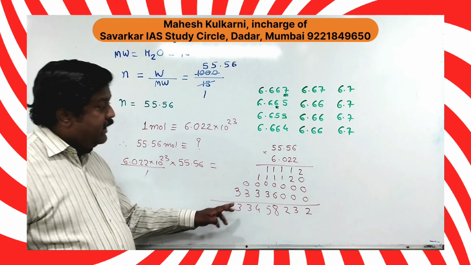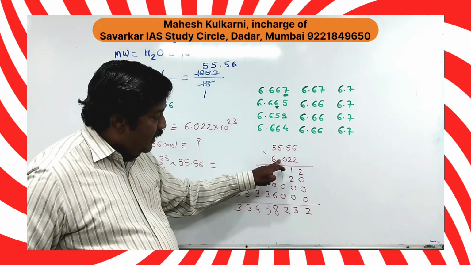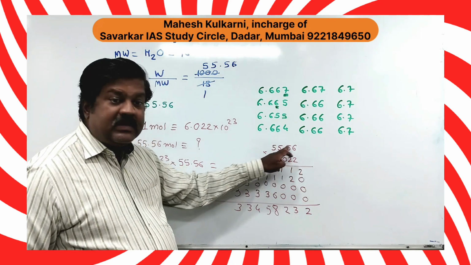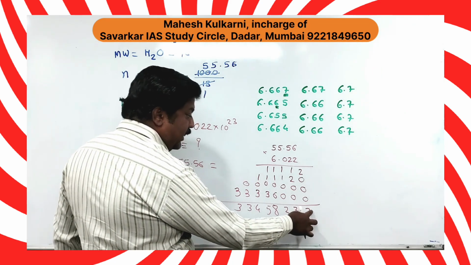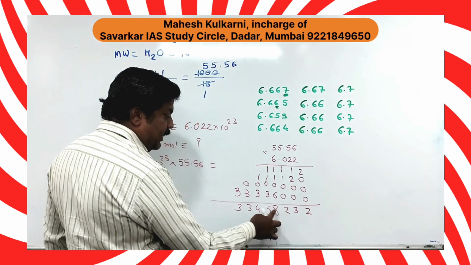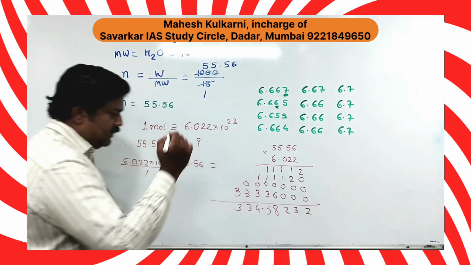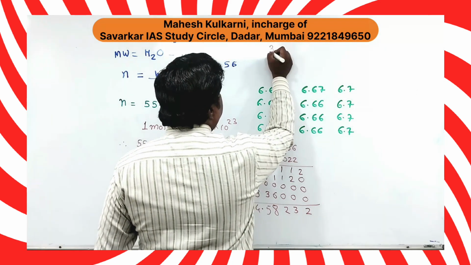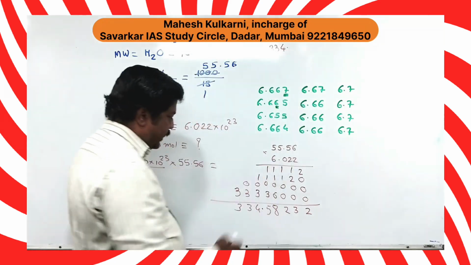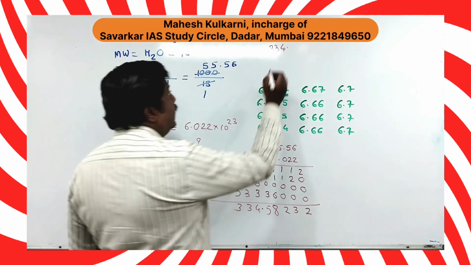And what is the rule? Decimal after summing: here after 3 places, here after 2 places, so the decimal should be given after 5 places. So from here 1, 2, 3, 4, 5. So our answer, I will write here, is 334.58232.